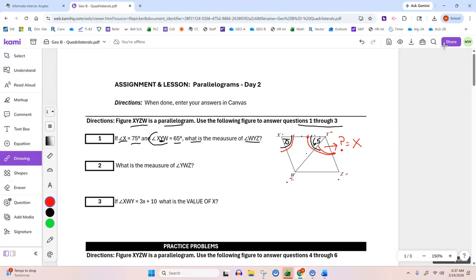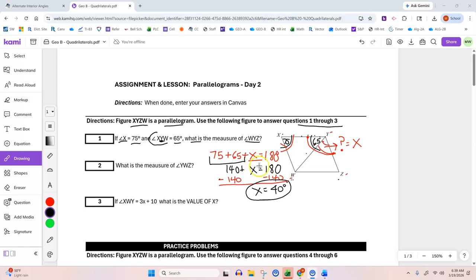So we get 75 from right here plus 65 plus X, that's this angle right here, is equal to 180 degrees together. We learned this yesterday, okay? So now you can solve for X. Try that and then come back and watch the video.